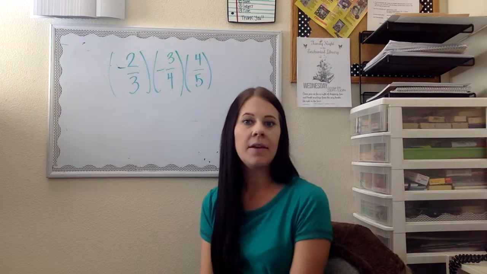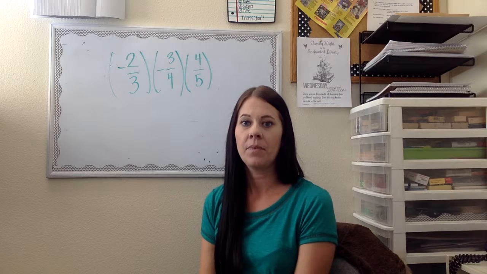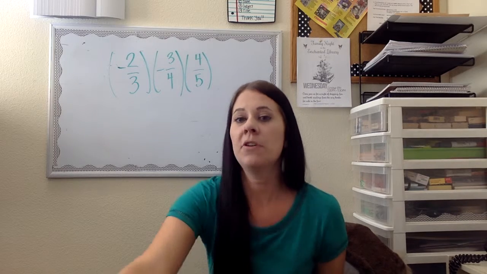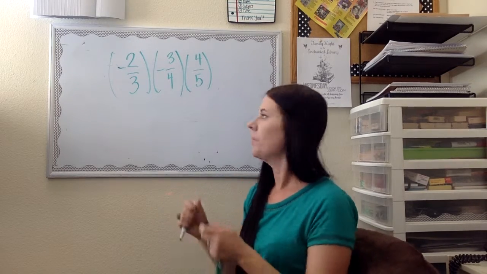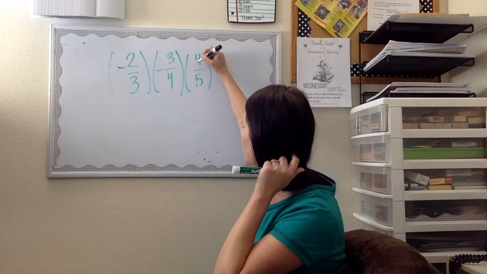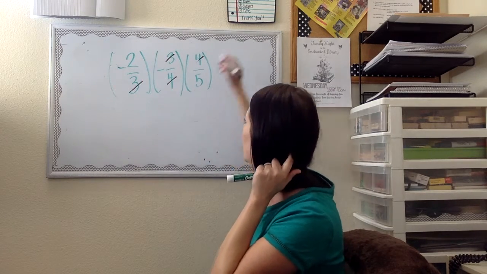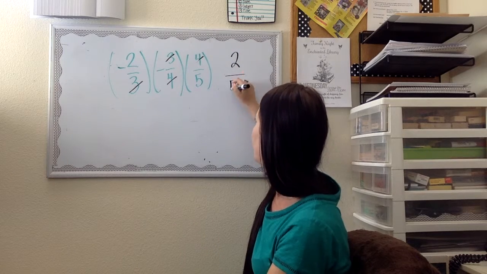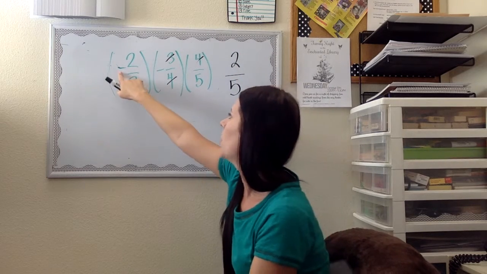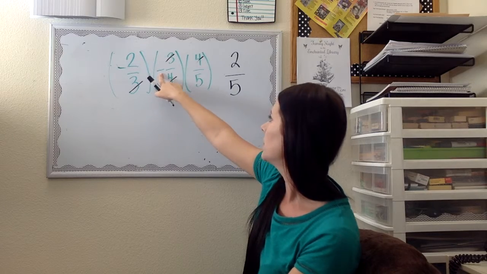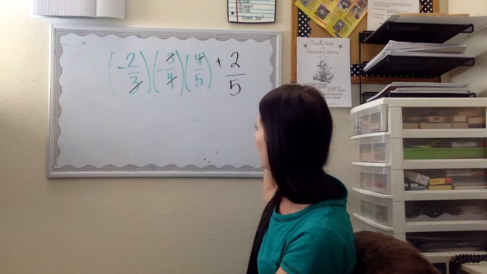If you're feeling a little stuck, you could just keep going. The first thing we're doing is looking to cross cancel. So our 4s are over each other, our 3s are over each other. That leaves a 2 in the top and a 5 in the bottom. And there's only 2 negatives, which makes it a positive 2/5.